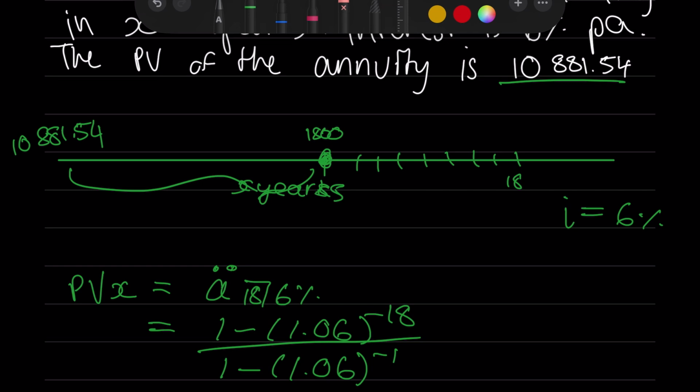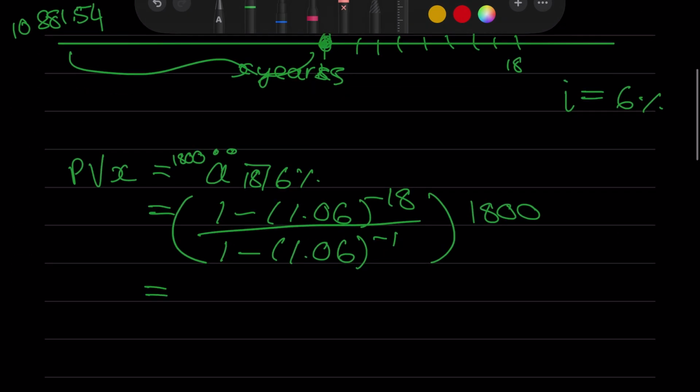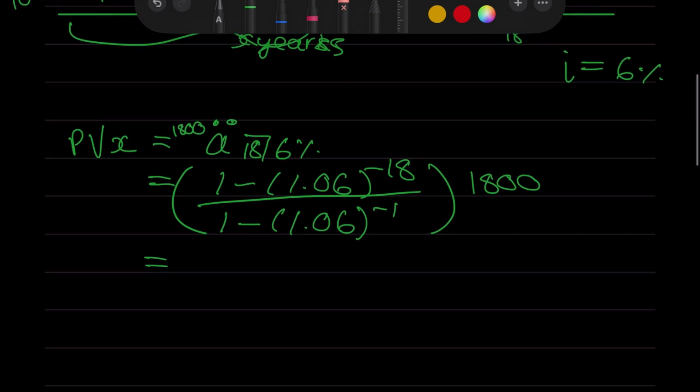Oh, 1,800, I must write here. This whole thing is multiplied by 1,800, because that's the annuity payment they gave us. And now we're going to pop this in a calculator. It gives us this value here.